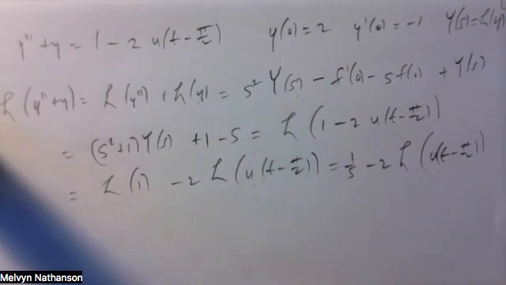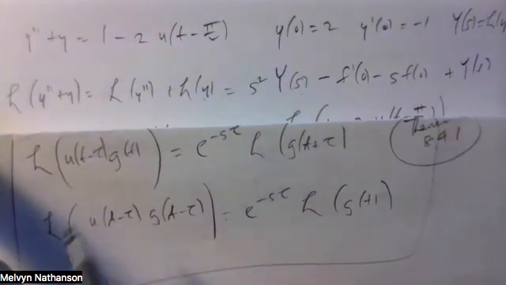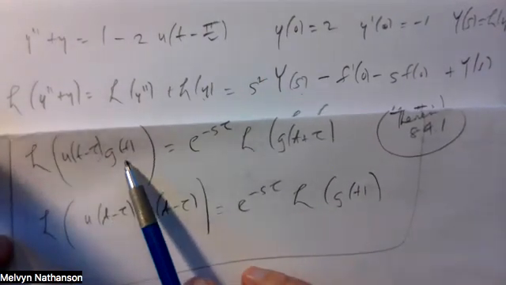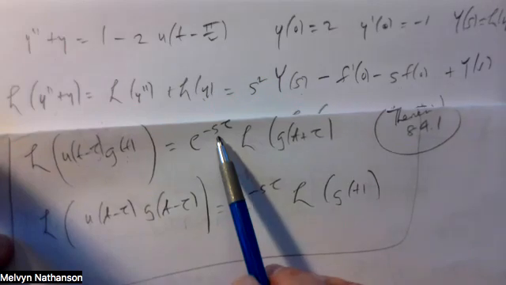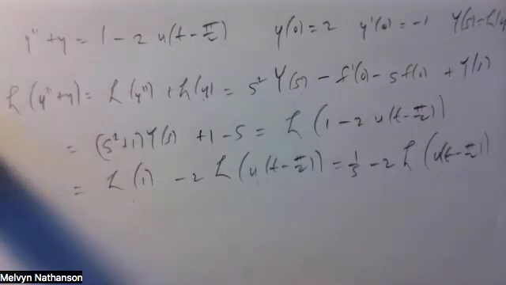So let's just recall our theorem: the Laplace transform of u of t minus tau times g of t is e to the minus s tau times the Laplace transform of g translated.